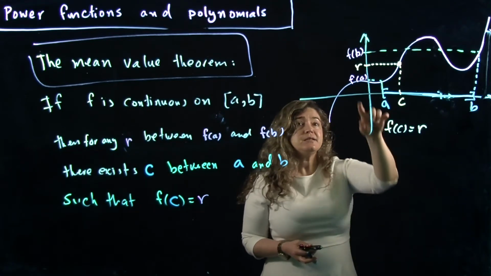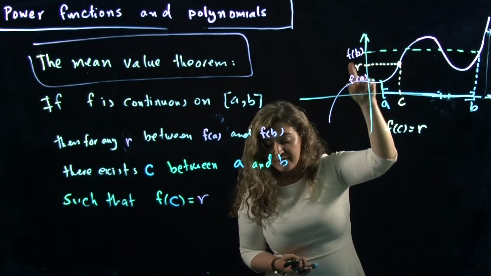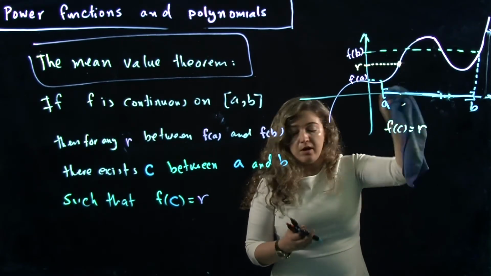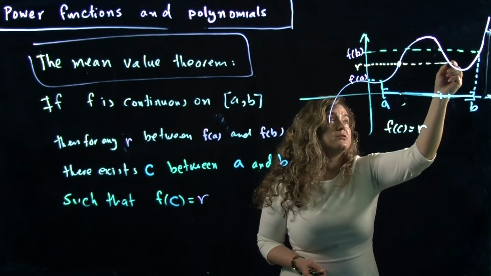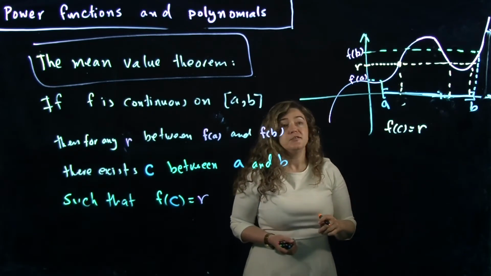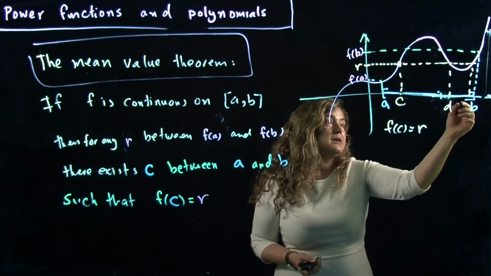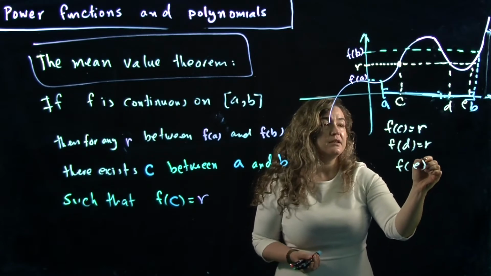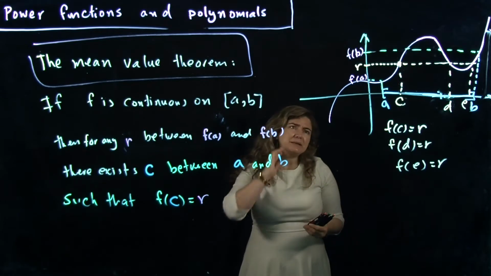This time around, if I find a value between f(a) and f(b), a y value, and draw a horizontal line to find all x values that correspond to that y value, I get 3 different values. So f(c) is equal to r, f(d) equal to r, and f(e) equal to r. So I can get multiple values for that.